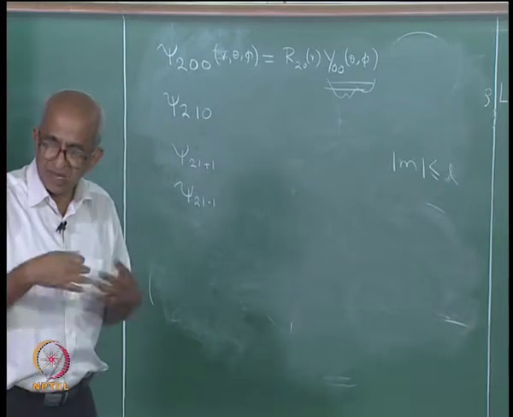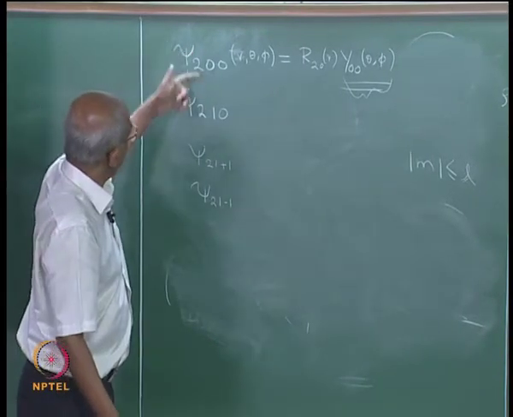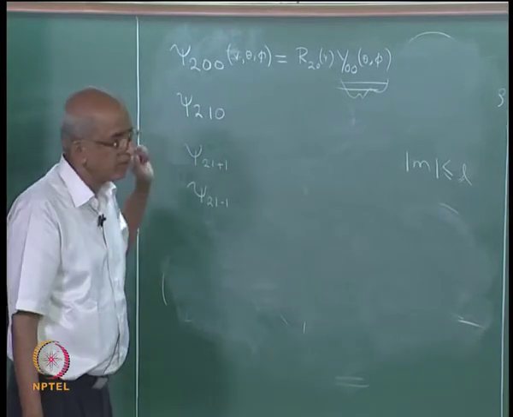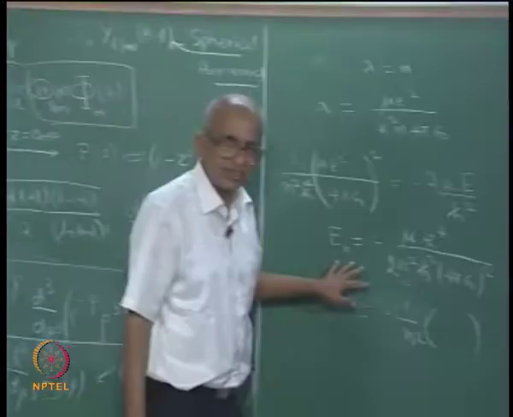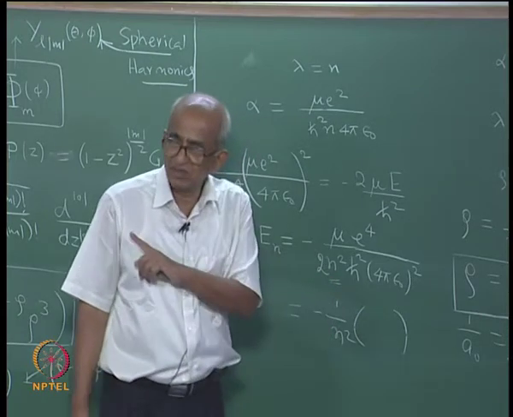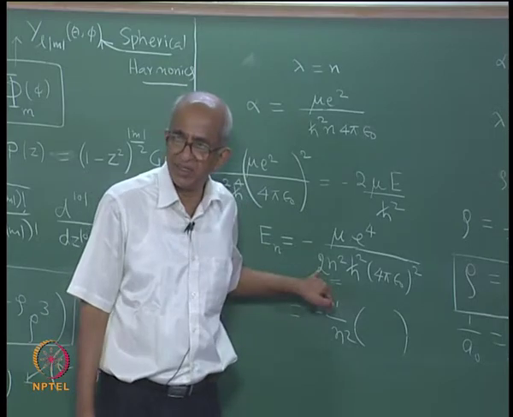So, I am going to have 3 solutions, but then if you looked at all these solutions, all of them have n equal to 2. If all of them have n equal to 2, what will happen? You look at the expression for energy, energy does not depend upon the quantum numbers L and m, it depends only upon n.